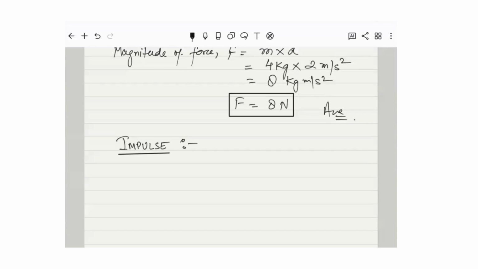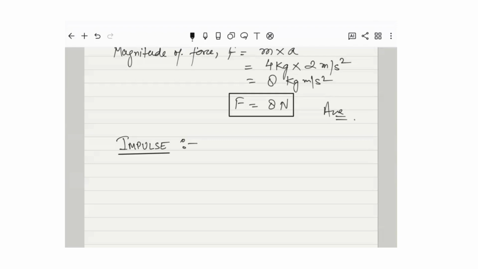So what is impulse? Impulse is termed as the total impact of force. And this is equal to the change in momentum of the body, right? Okay. And it is also defined as the product of force and the small time in which that force is actually applied. Is that clear? Right?